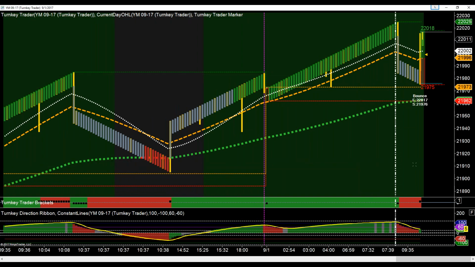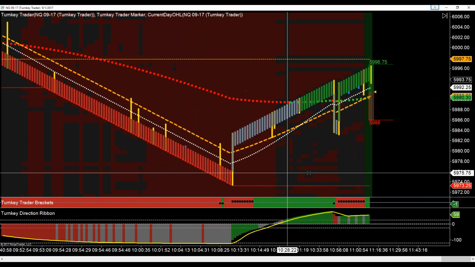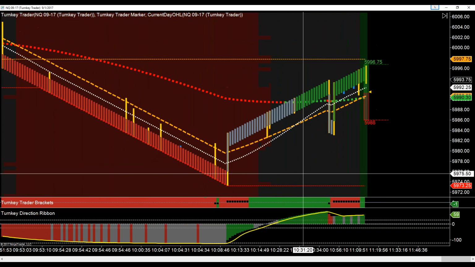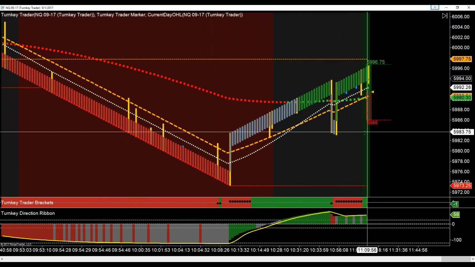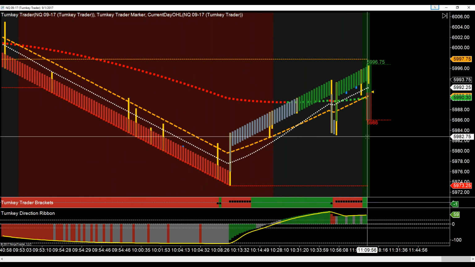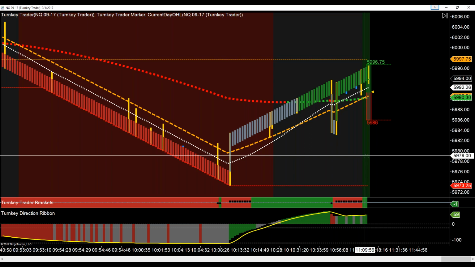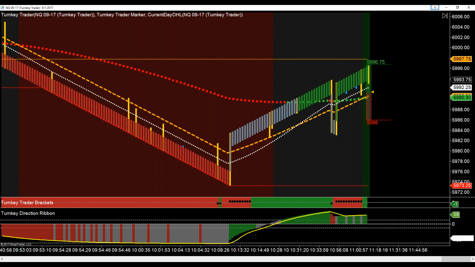All right, so not a ton of action today yet, so we'll see how the market develops. We are getting into a possible trend situation here on the NQ. I did come from an extreme, had a little bit of a reversal here, and then we continue on our long trend.